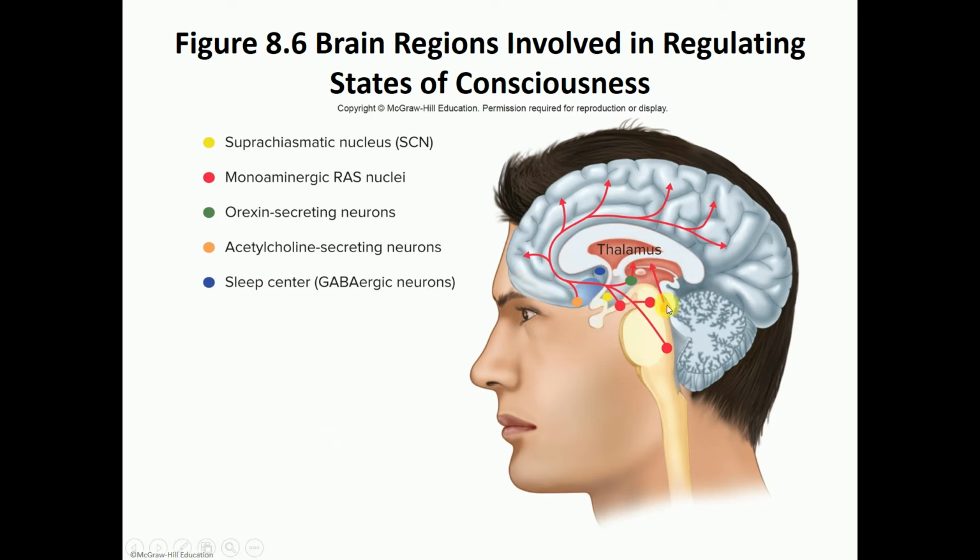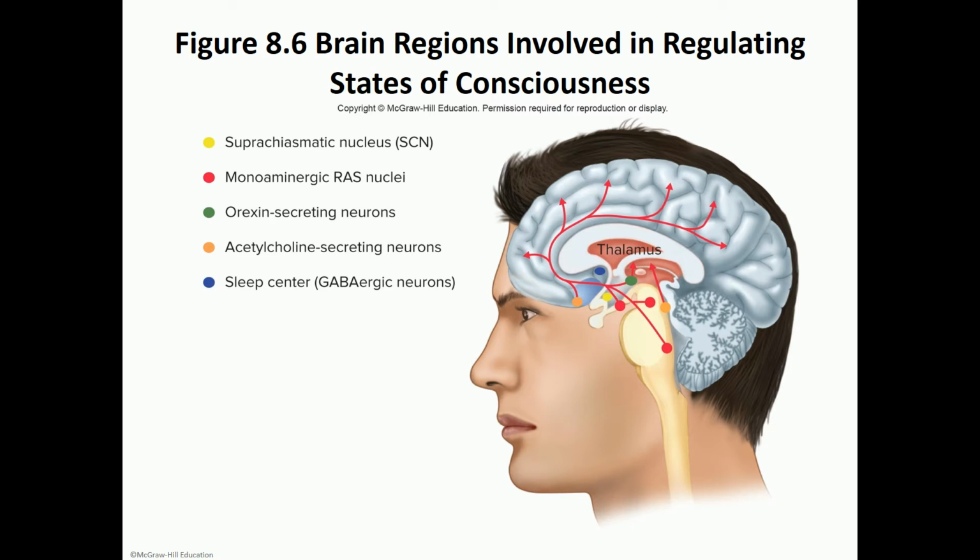These orange neurons are your acetylcholine secreting, or cholinergic, neurons. You could see part of them in the frontal lobe. We've got some neurons inside in the pons. That acetylcholine also is going to stimulate the thalamus and the cerebral cortex. So all of those nuclei are there to wake us up.